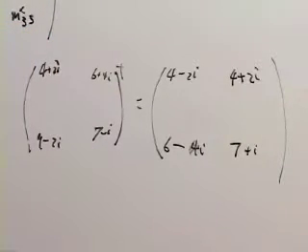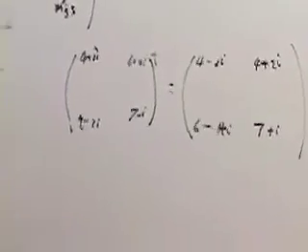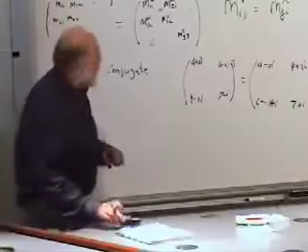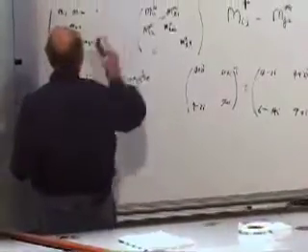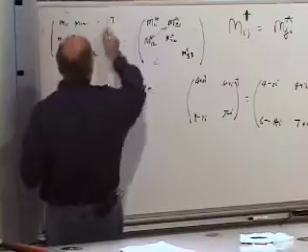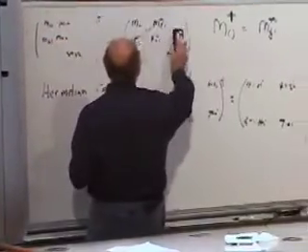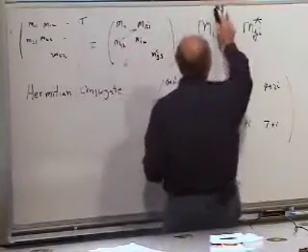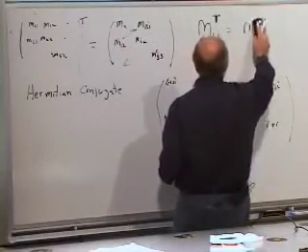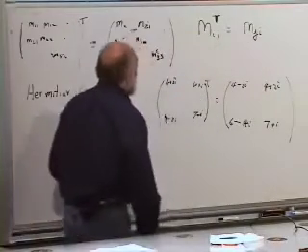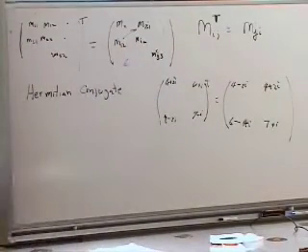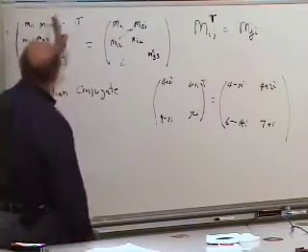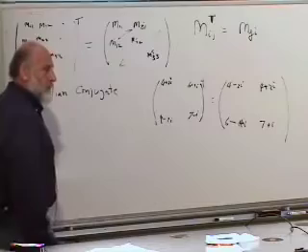A Hermitian matrix, well, first let's talk about symmetric matrices. Let's just go back to the idea of transpose without the complex conjugation. A symmetric matrix is one that is equal to its own transpose. In other words, when you transpose it, you get back the same thing.